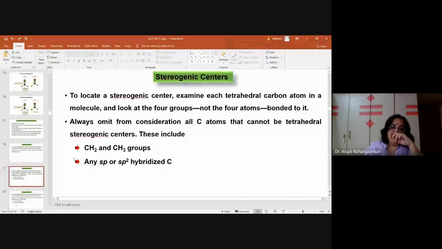So CH2 और CH3 तो आपको वैसे भी ओमिट करना है। ठीक है, क्या क्या आपको ओमिट करना है?